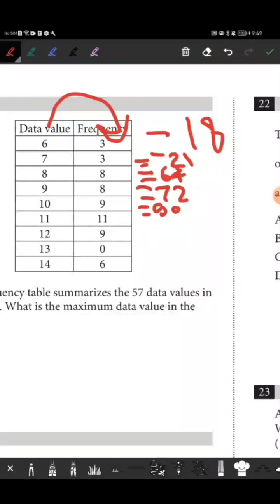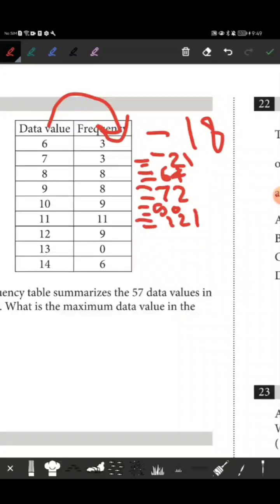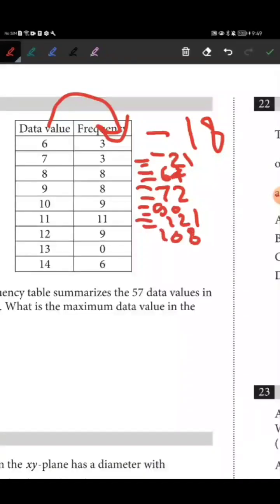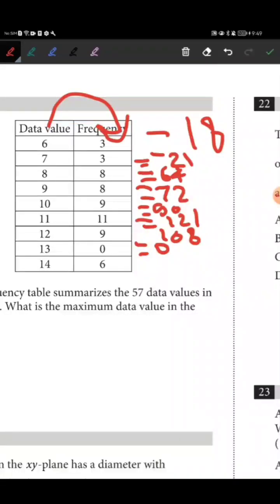And 11 multiplied by 11 is 121. 12 multiplied by 9 is 108. And this one is equal to 0. And 14 multiplied by 6 equals 84.